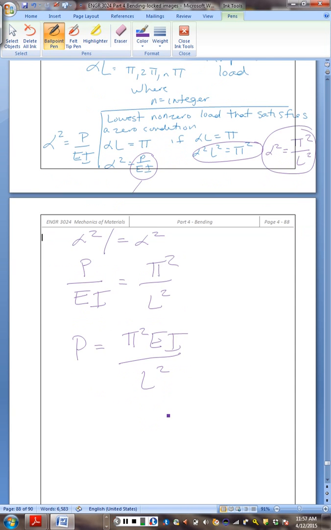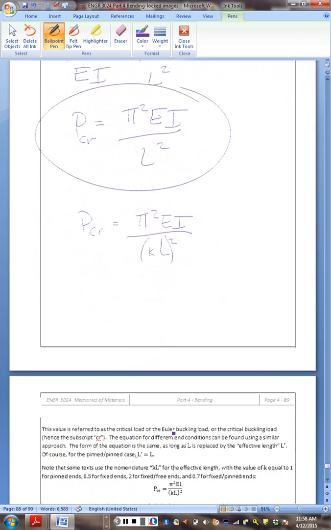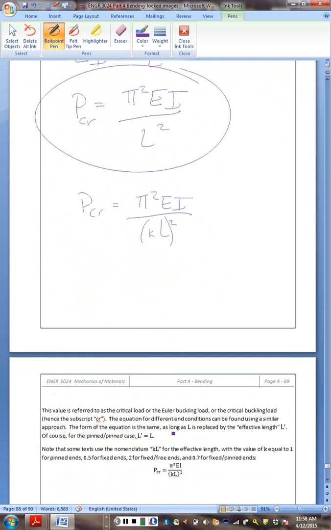which is a familiar quantity from earlier in the semester in the buckling lab. Now, when we did this before, we threw an extra term in the denominator, K L squared, where K is a factor that accounts for the fact that maybe the ends are not a true pinned condition. So if I scroll on down, we've got a little bit of text regarding this.